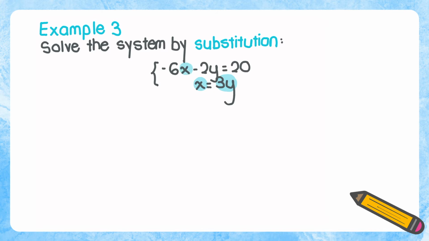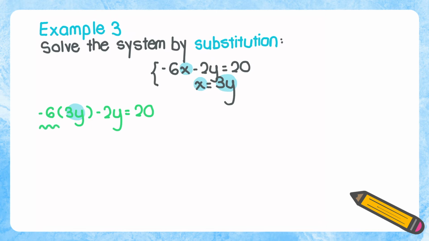So we're going to be replacing the x value. So make sure you replace correctly. So we have negative 6 times 3y and then minus 2y equals 20. So instead of solving for x first, we're solving for y.